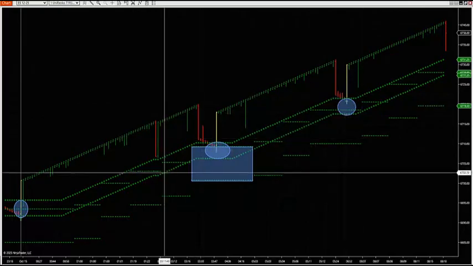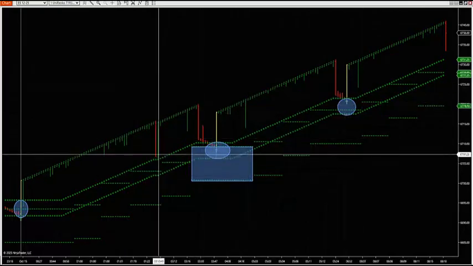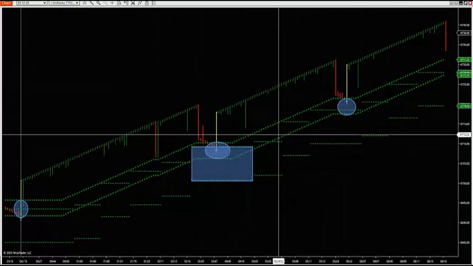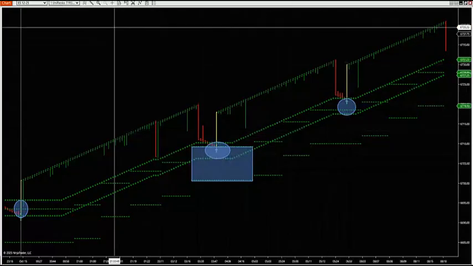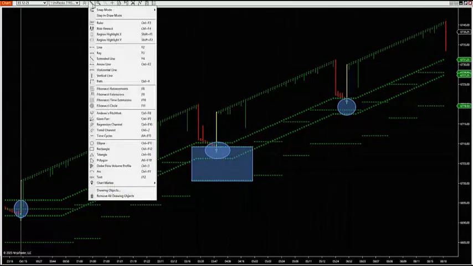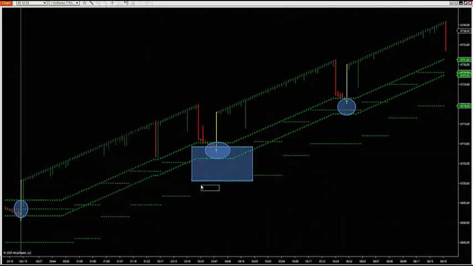Now, when are the best times to look for these setups, and when are the optimal times in the market? When we're looking at order flow, as long as we stay above the line in the sand, our market structure, we're fine.